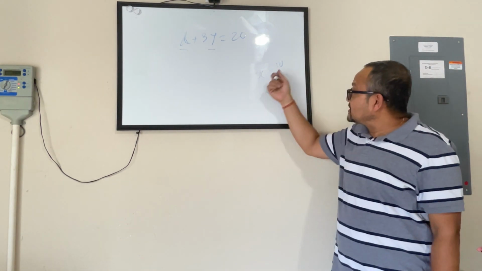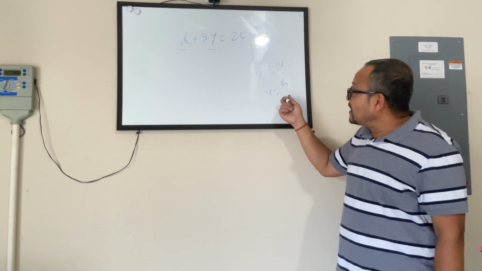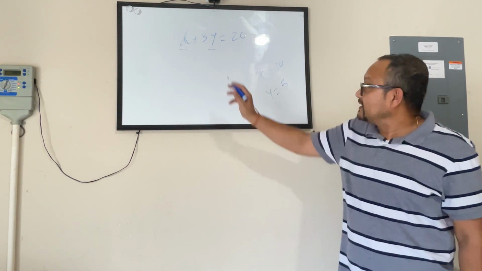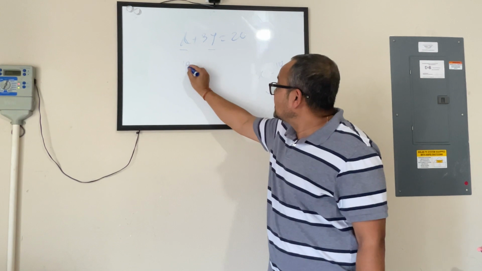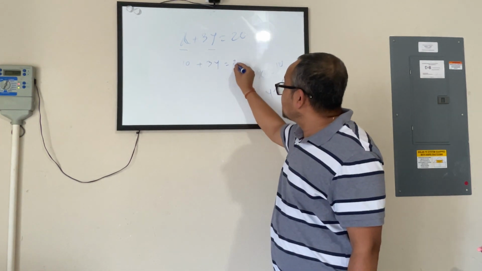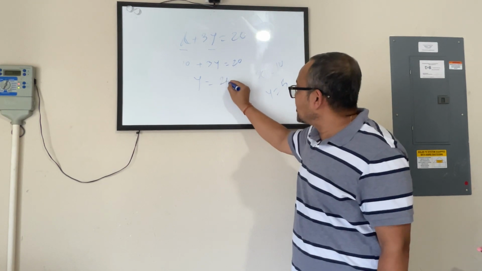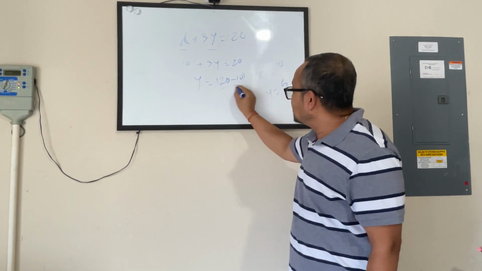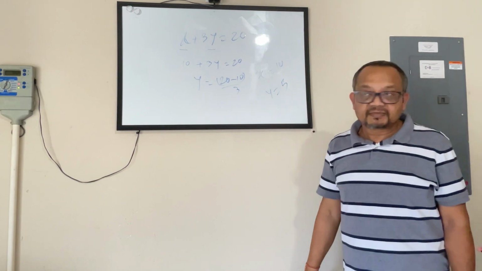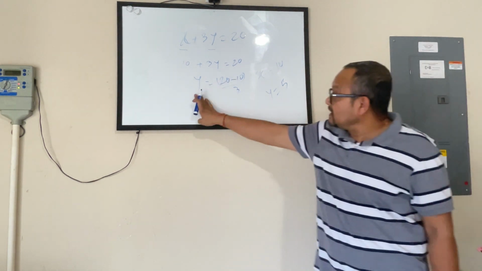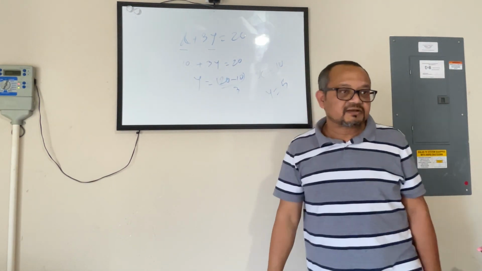If the value of x is 10, the value of y will be based on 10. If I say x is 10, 10 plus 3y equals 20. So now y equals 20 minus 10 divided by 3. Yeah. So the value of y is dependent on the value of x.